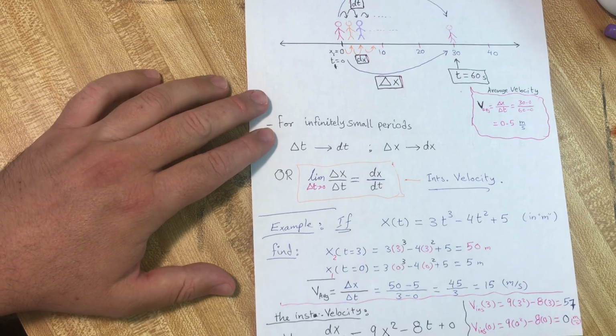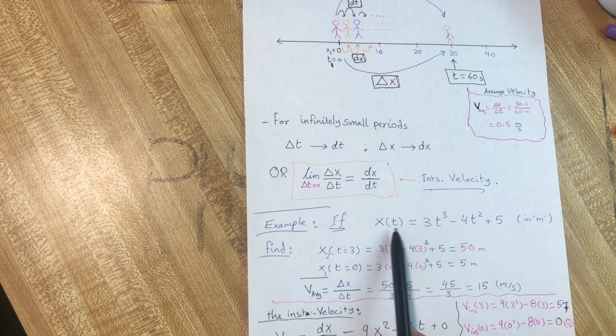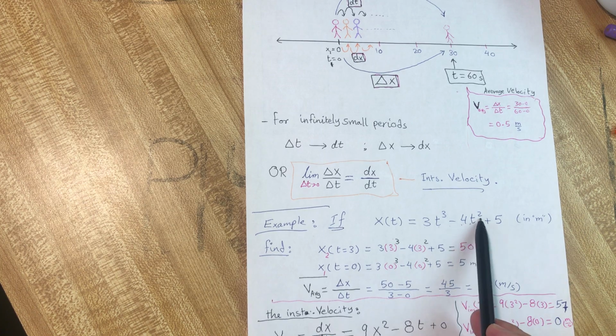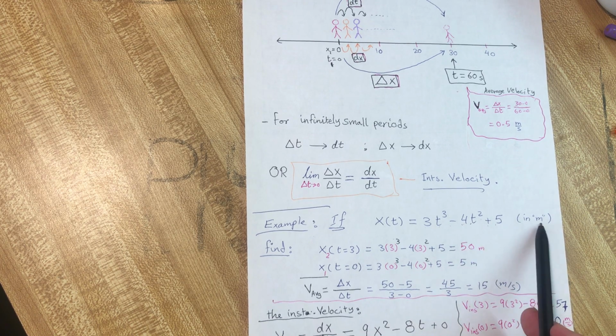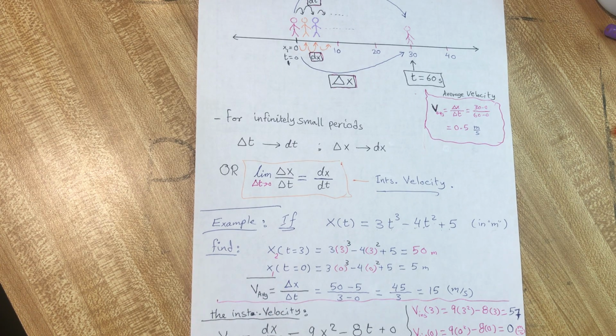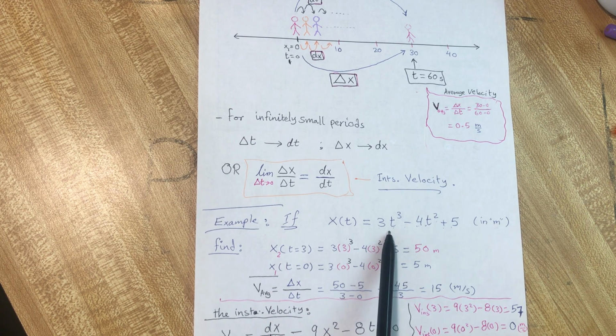For example, if we take x as a function of t, x of t is equal to 3t cubed minus 4t squared plus 5 in meters, okay? If I ask you to find the position at time equal 3 and name it x2, I need just to put t equal to 3 in this function.